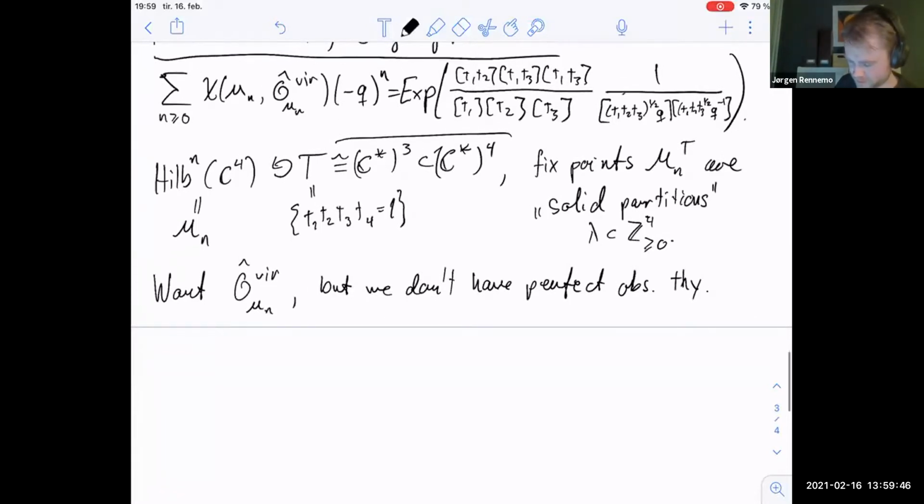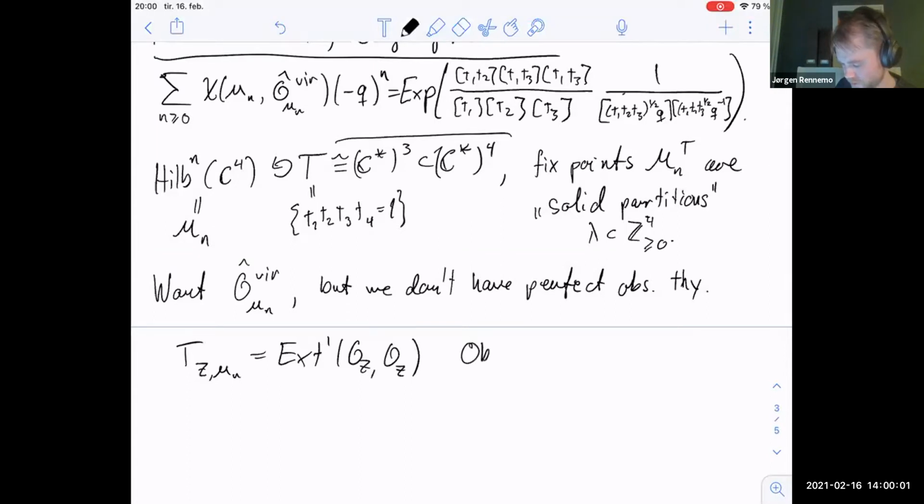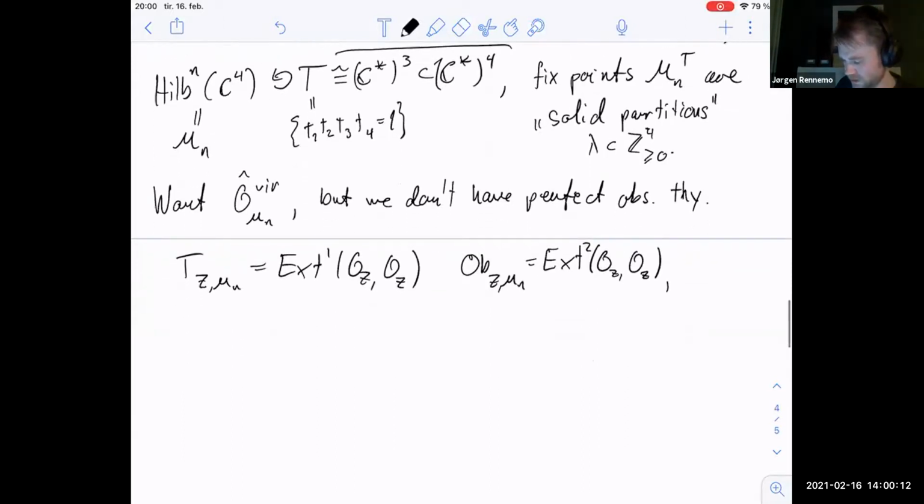In this case, we have the tangent space of Zmn equals still Ext^1(O_Z, O_Z), and you can still write down the obstruction space, still Ext^2(O_Z, O_Z), but then you also have the higher obstruction space Ext^3(O_Z, O_Z), which you don't really know what to do with.